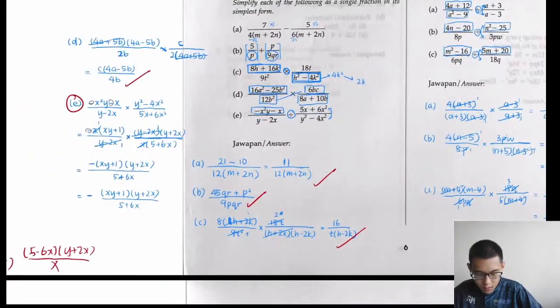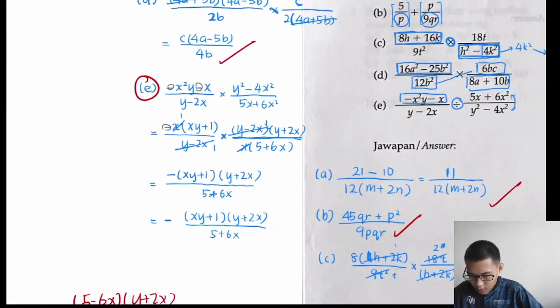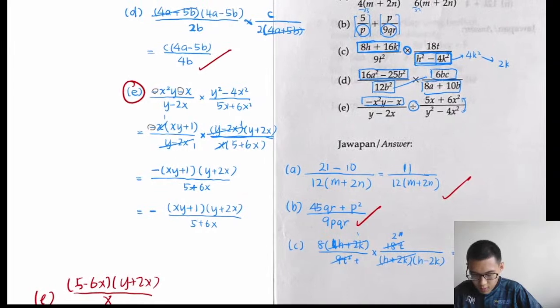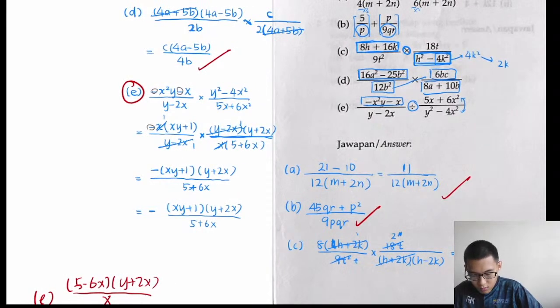For this one, question E, I don't know why I am wrong, so later I will try it. Maybe I try it now again. Okay, maybe I'll change color, pink color. So let's say we have negative x squared y minus xy. So actually we have a factor of negative x, times (xy plus 1). Am I correct? Yeah.